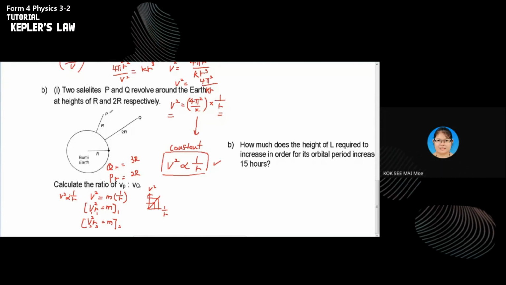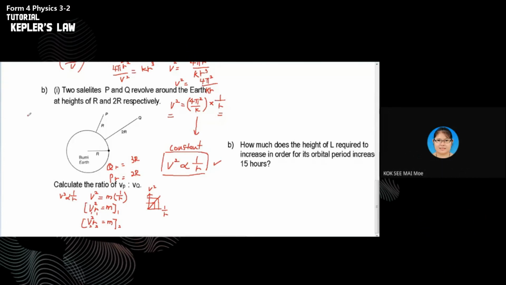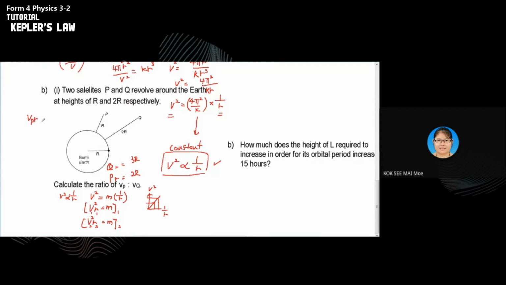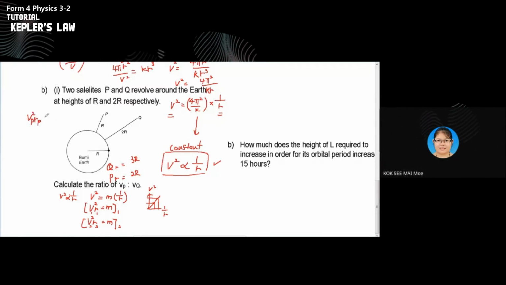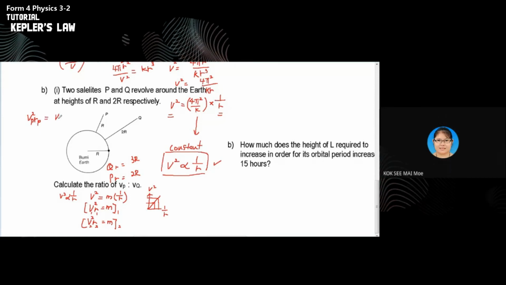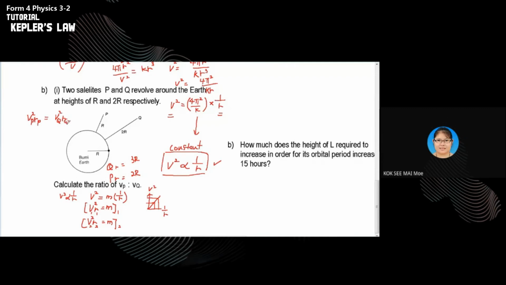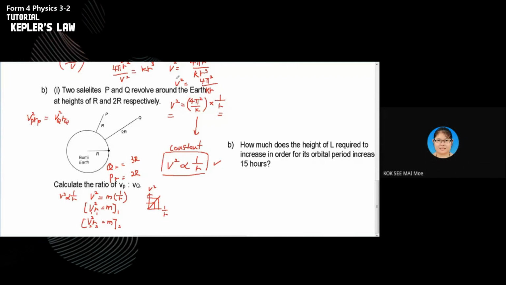Okay, we take this one as number 1, this as number 2. So VP square RP equal VQ square RQ. So I can write the equation like this.